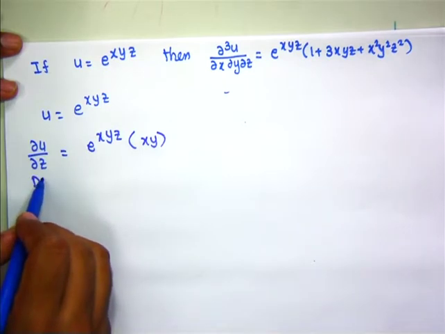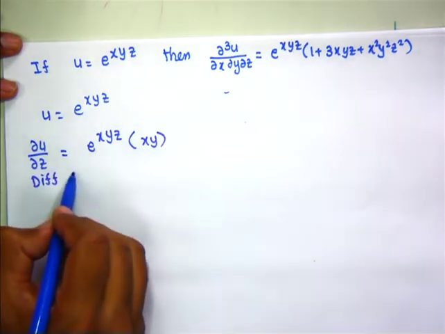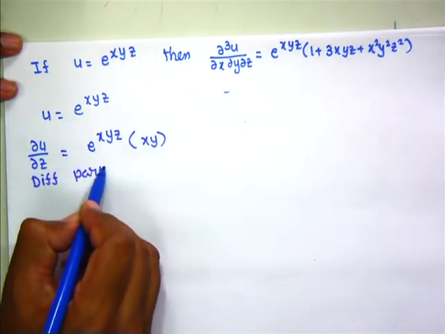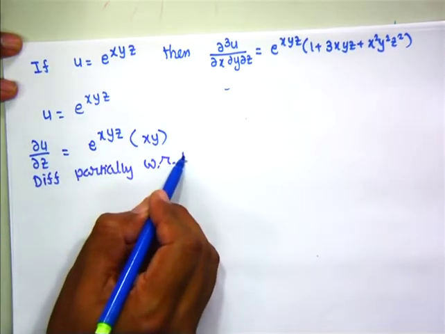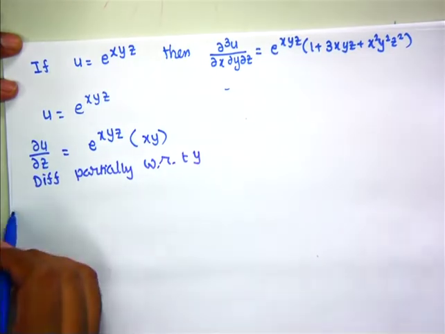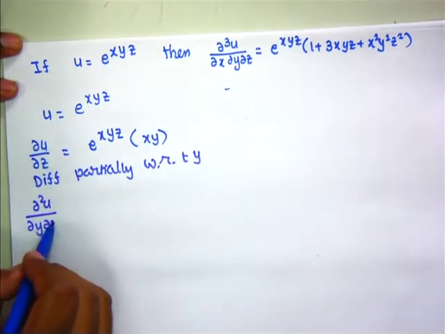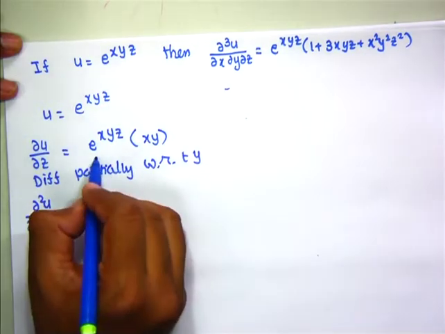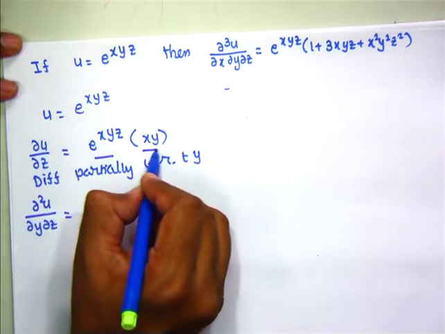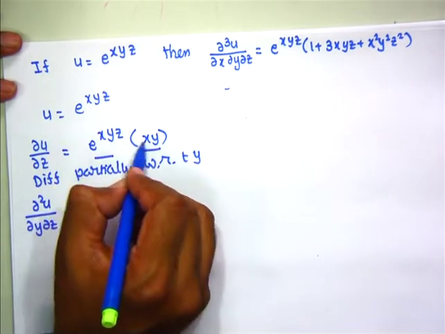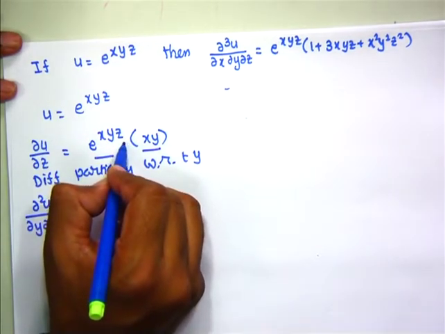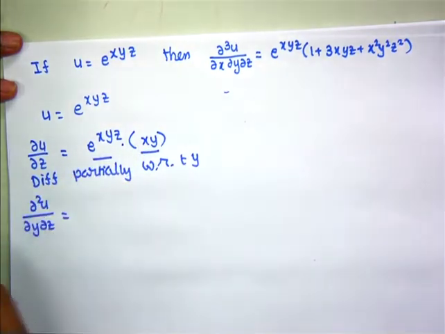So again differentiating partially with respect to y, so we get del square u by del y del z. So here terms of y is there, and here terms of y is there, so function are there, so we can use product rule for derivative.